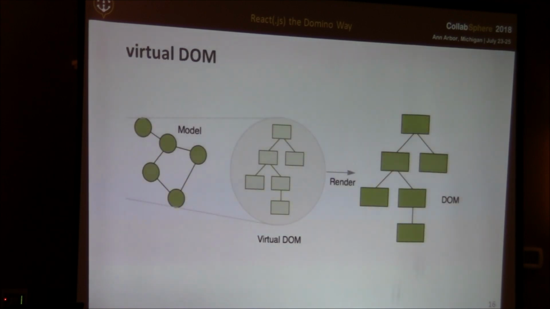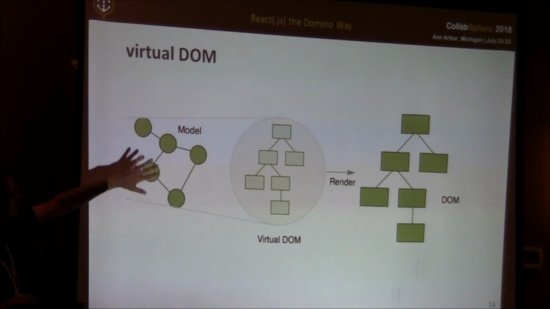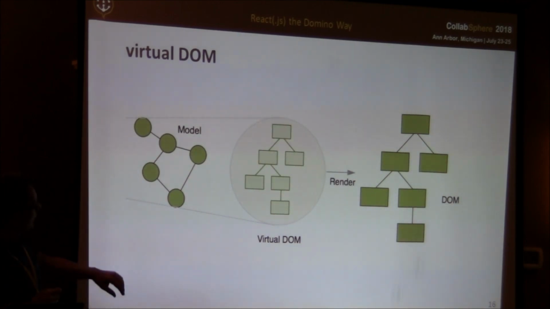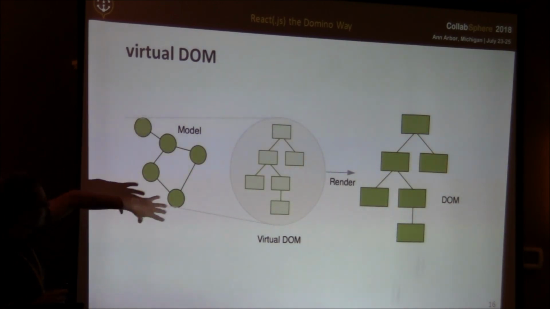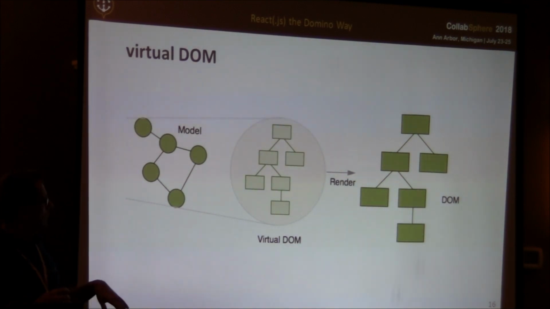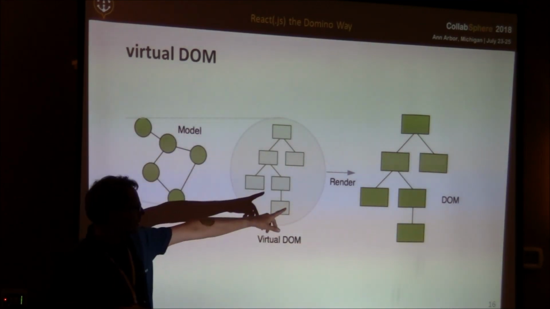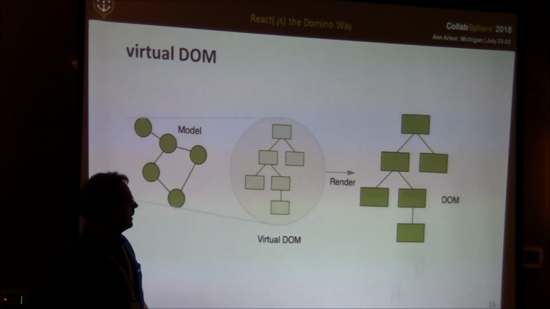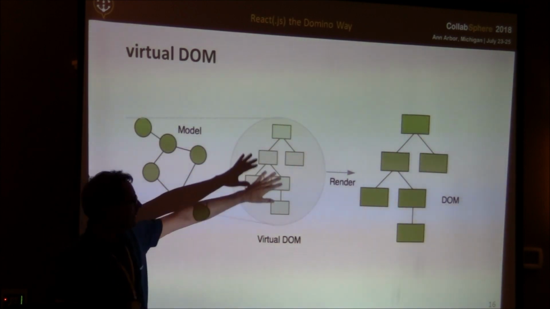Okay, let's have a look at the virtual DOM. Let's say we have data, models, connected or read from the server. Then you want to put this into elements of your web page, and normally you would create the DOM elements of your web page directly. But with the virtual DOM you have something in between.